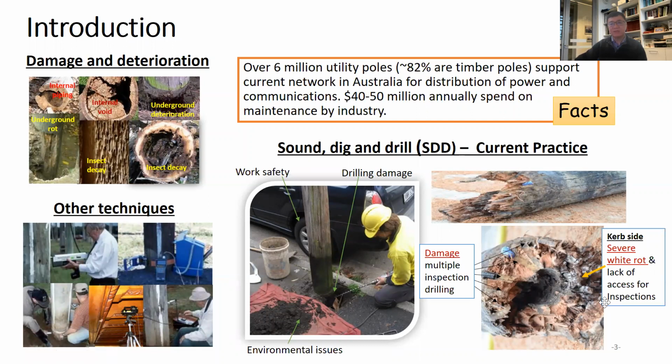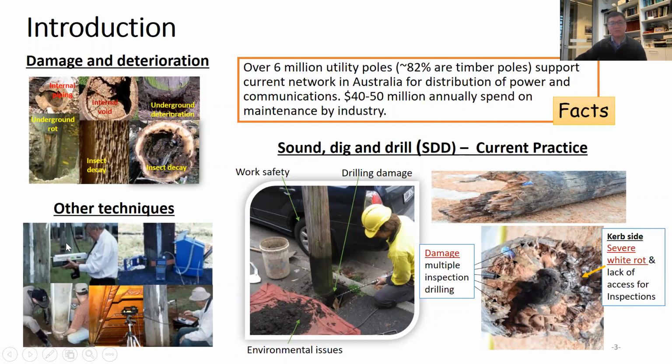There are some major problems with this, and one of the major problems is that this kind of method is semi-destructive. As a result of inspection, it weakens the pole seriously, and together with deterioration, often causes failure of a pole, as you can see from this example.